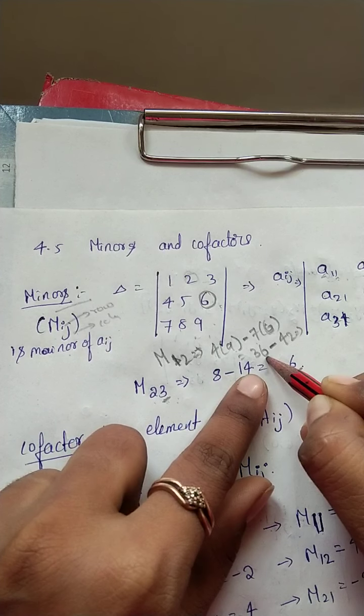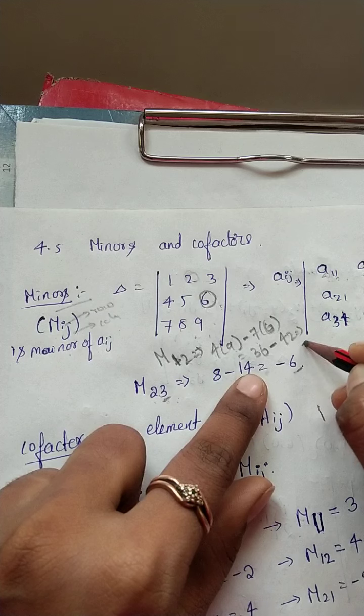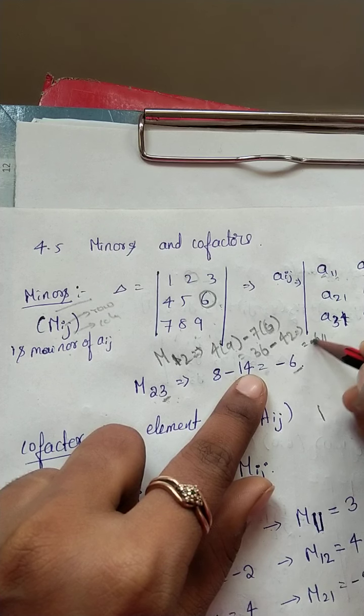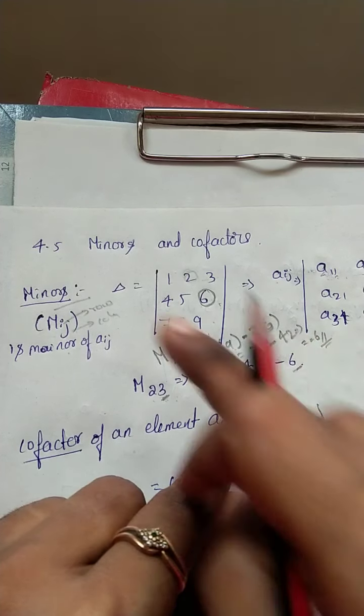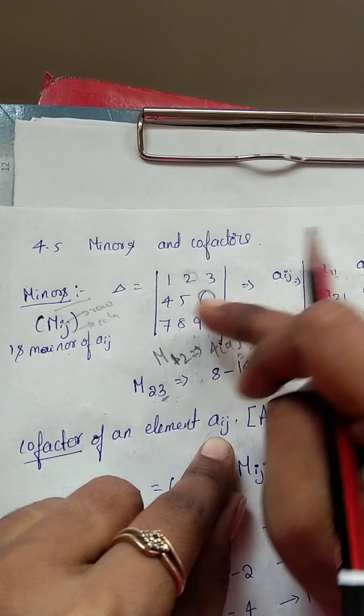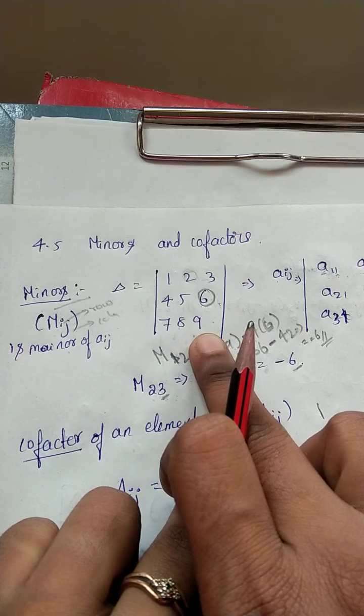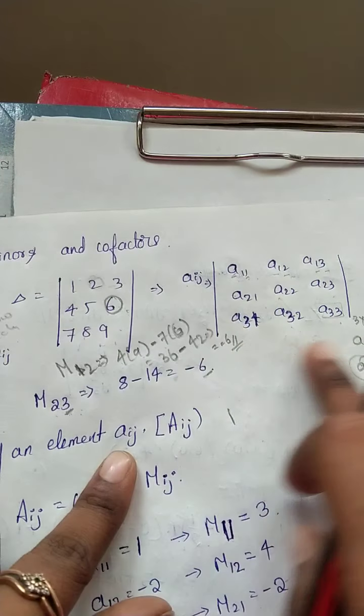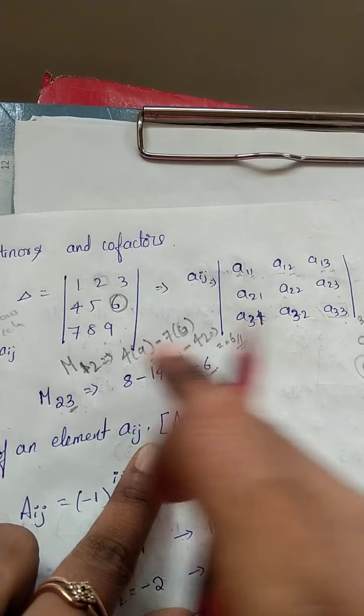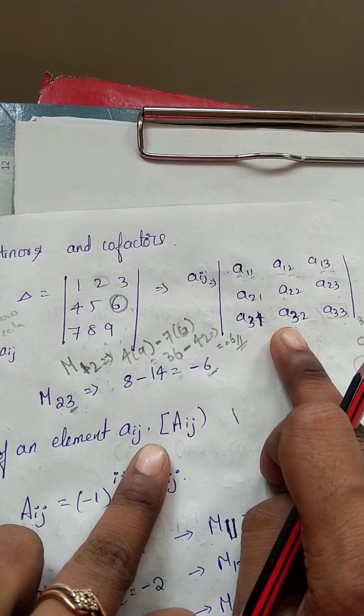So the answer is again minus 6. Okay, so like this you have to calculate the minor value. If they ask for a particular element, you can calculate only for that particular element. So you should remember how the element is represented.